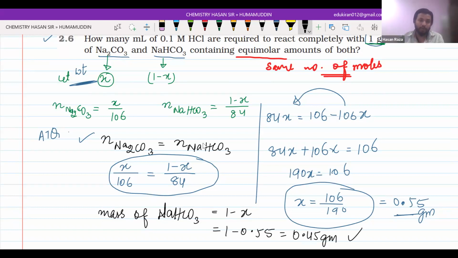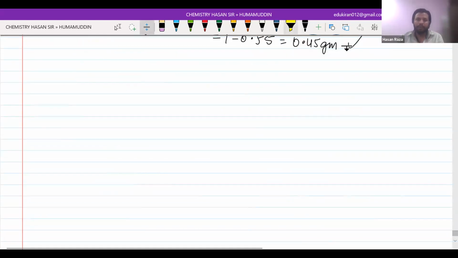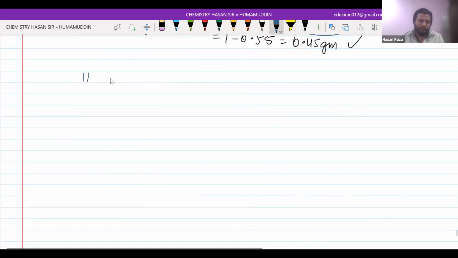Now, you can see how many ml of 0.1 M. We need to calculate the volume of 0.1 M HCl required to react completely with 1 gram of the mixture. Do you know what happens if HCl reacts with Na2CO3?